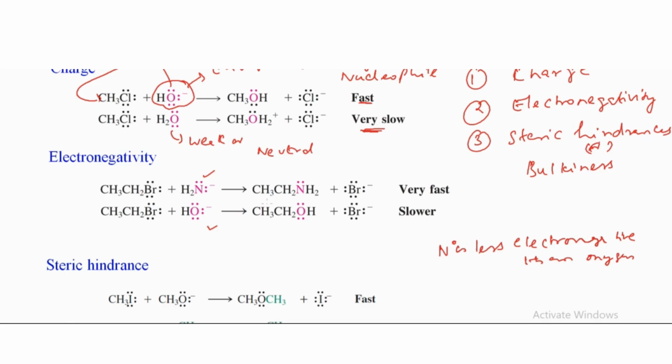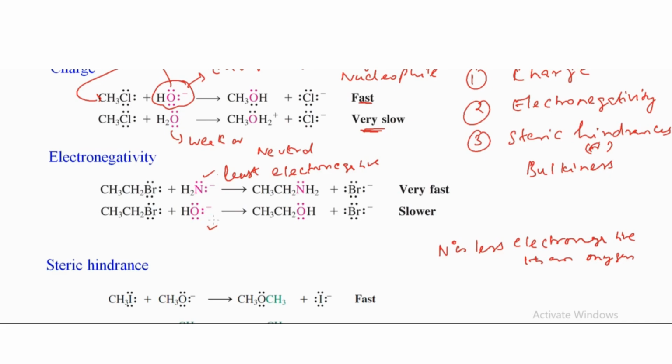So the negative charge on the most electronegative atom is not ready to share its electrons. But if the negative charge is on the least electronegative atom, or more electropositive, it is ready to share. So NH2 minus will go fast because the negative charge is on the less electronegative atom, which is ready to share its electrons. But oxygen is not ready to share its electrons because oxygen is more electronegative than nitrogen.